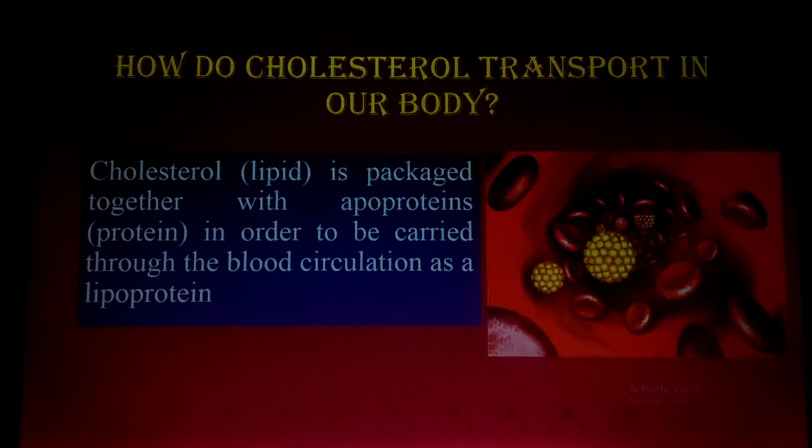Lipoprotein is a conjugated molecule produced by the joining of cholesterol with proteins. In this way, cholesterol is transported in our bloodstream. As we know, proteins are soluble, hydrophilic, or polar in nature, so cholesterol, which is non-polar, combines with the proteins, forms a bond, and is then transported in the form of lipoprotein.